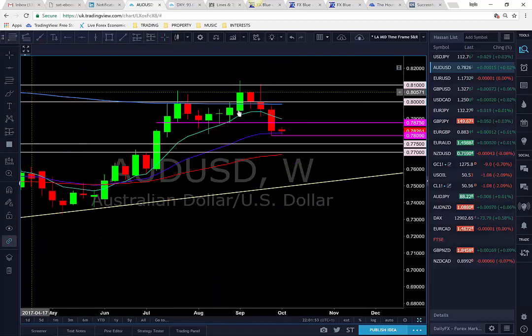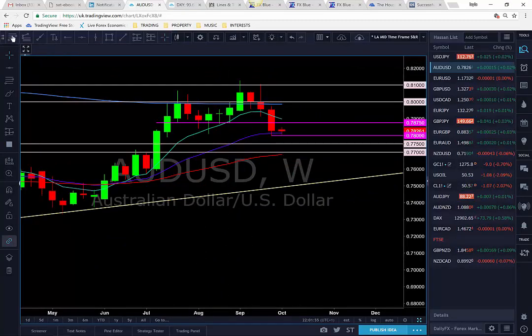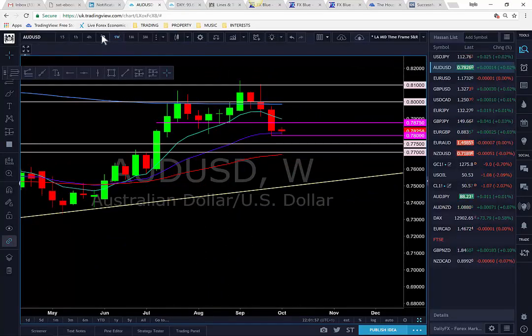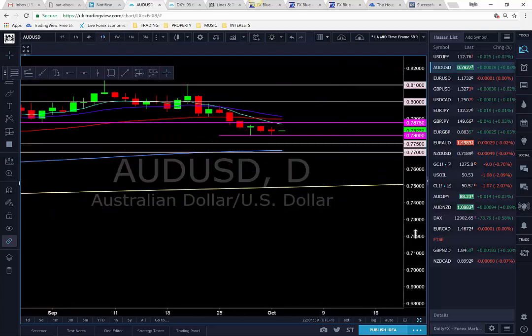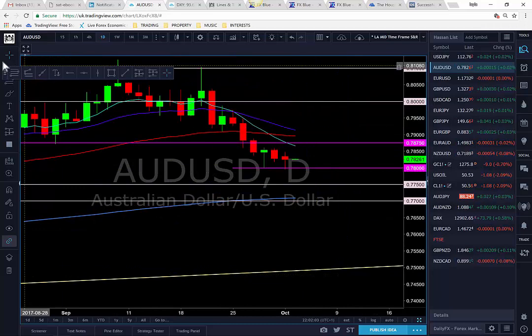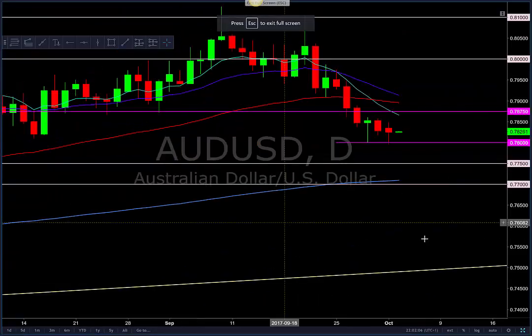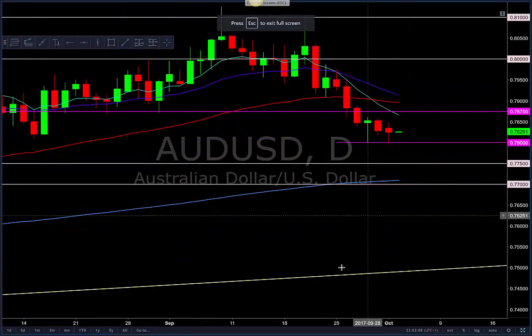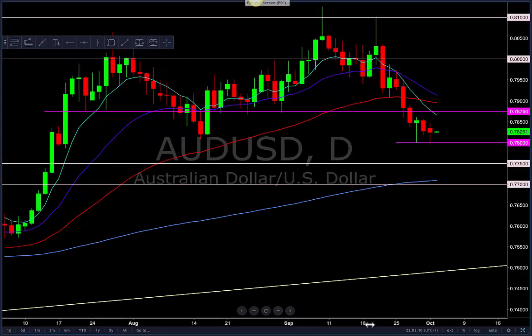With this particular currency pair, I actually want to have a look at the daily as well, and that is here. So daily wise, we've been finding a little bit of support at this 078 level, so theoretically we could find ourselves pushing through to the upside, where we may well be connecting with the 10 EMA on the daily, and also the 07875 level, which is this pink line here.